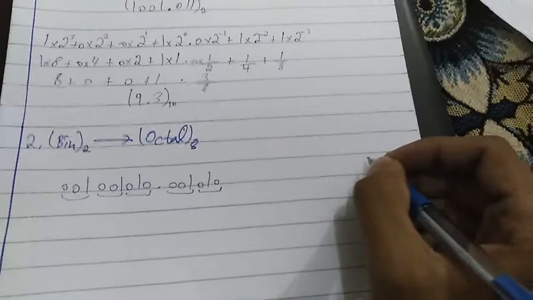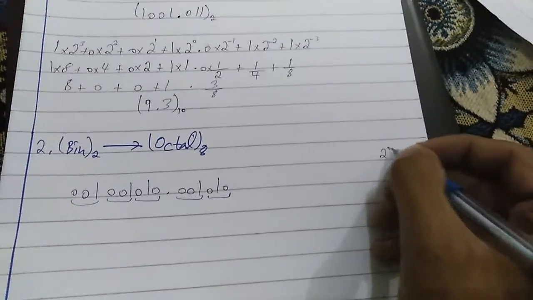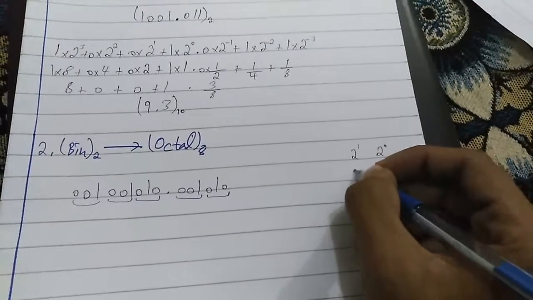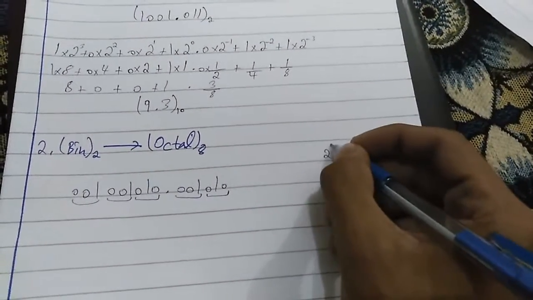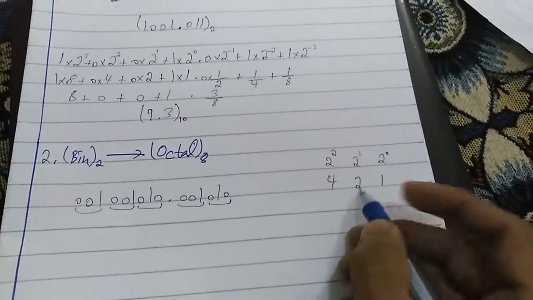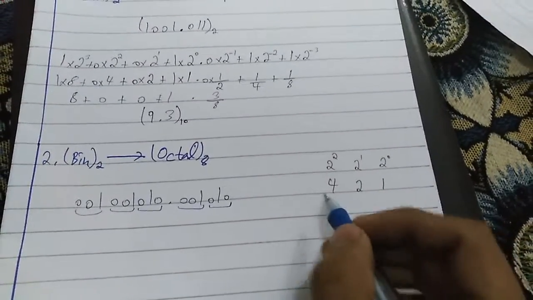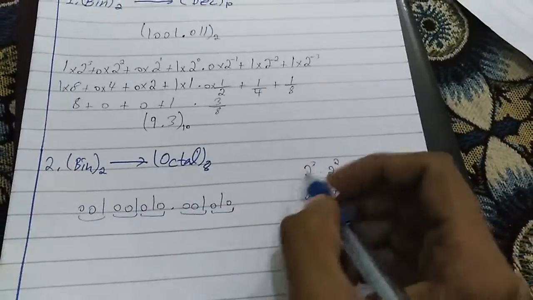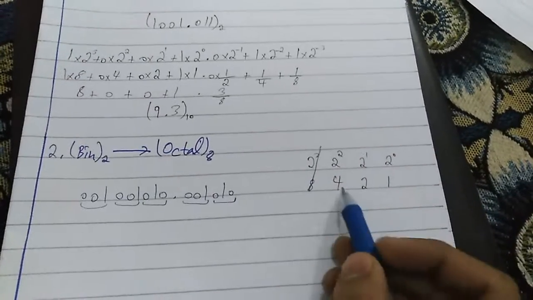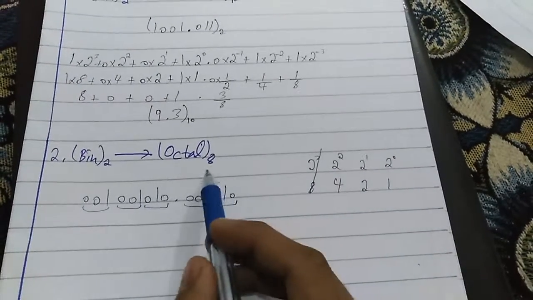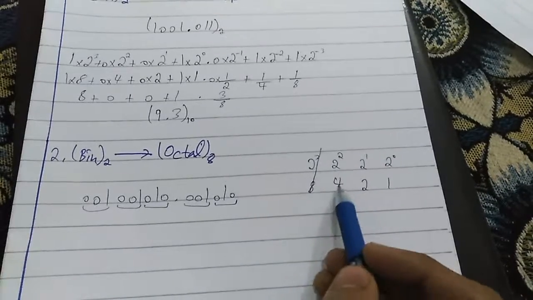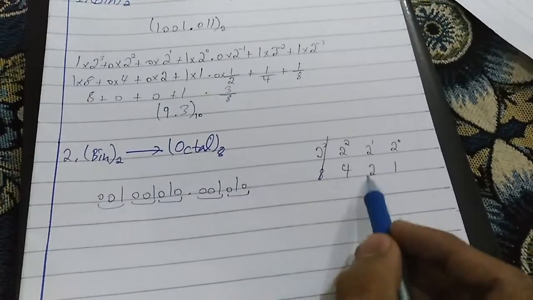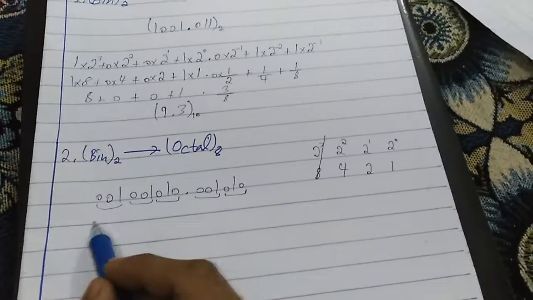Because as I told you earlier, 2 power 0 is 1, 2 power 1 is 2, 2 power 2 is 4. If we take 2 power 3, that will become 8, and 8 is octal, so it is not taken. The conversion is done before that, because 4 is smaller than 8, and so we make groups of 3.